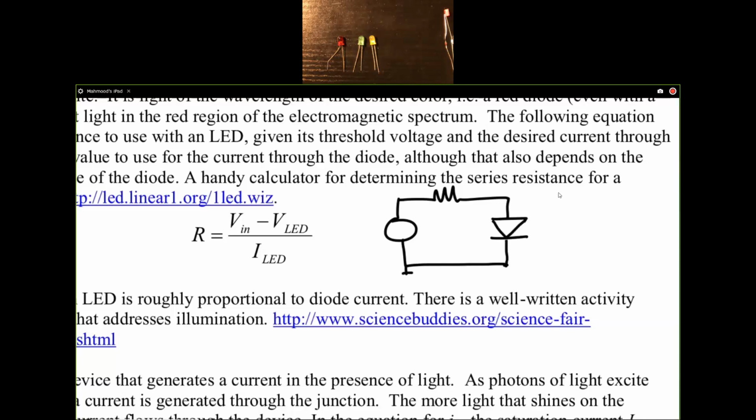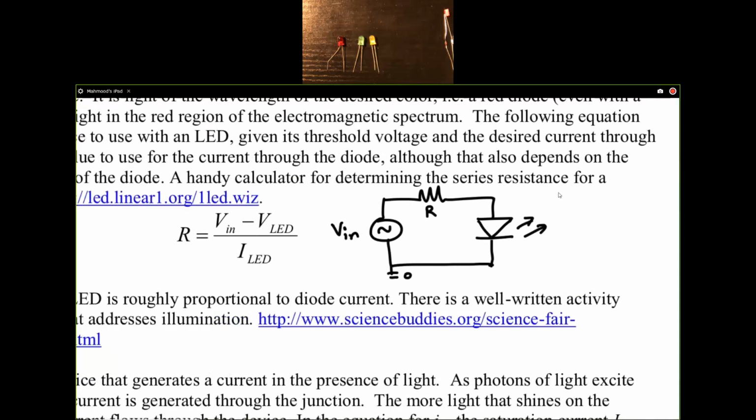This is ground, this is an LED, this is my voltage source, and let's call this V in, this is R. So clearly we would need some V_LED, that's the threshold voltage for the LED to turn on, then we are essentially using this equation to find out what is the current that will flow through the circuit.